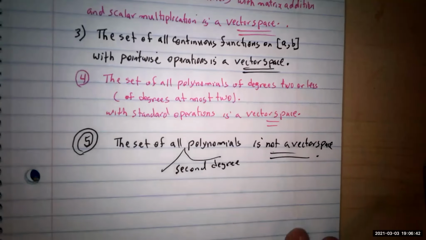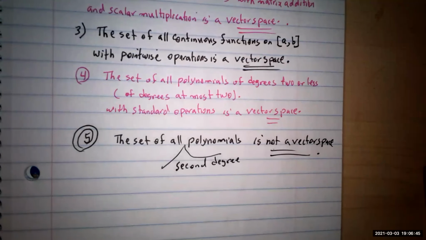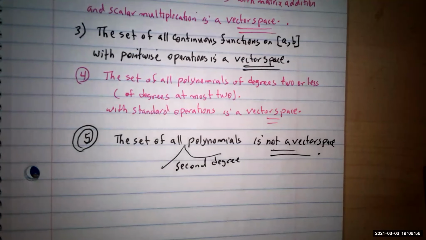When you're dealing with polynomials, you can say at most 2. At most 2 means 2 or less. We are going to have this one quite a lot. At most 3 means 3 or less. Not exactly. So why not exactly?